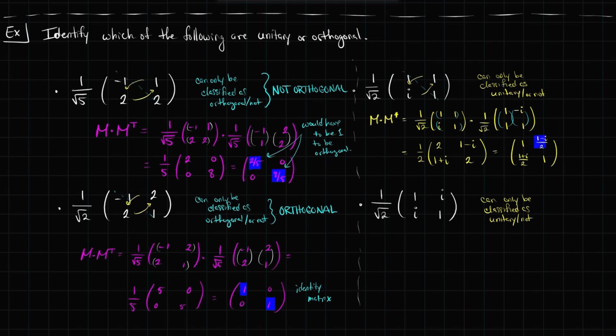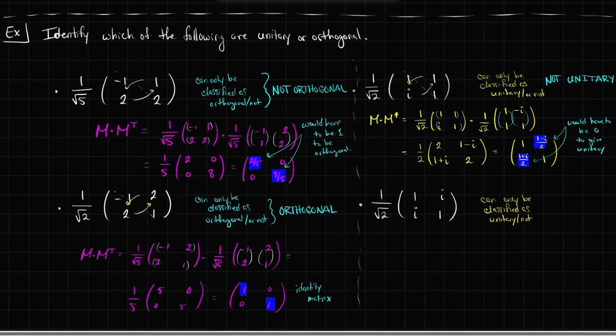So unfortunately, because those are not 0, these would have to be 0 to give unitary. So they're not 0, so I am not unitary.